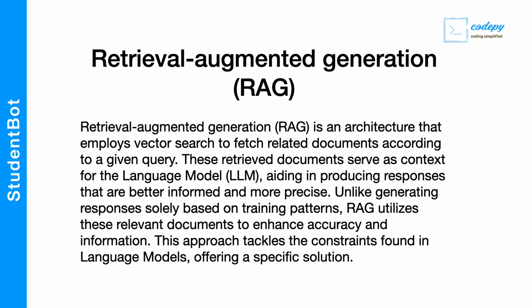So if you want to generate something from the real source, we feed in data, and that feed in data concept is called retrieval augmented generation. Unlike generating responses solely based on training patterns, RAG utilizes these relevant documents to enhance accuracy and information. This approach tackles the constraints found in language models, offering a specific solution.